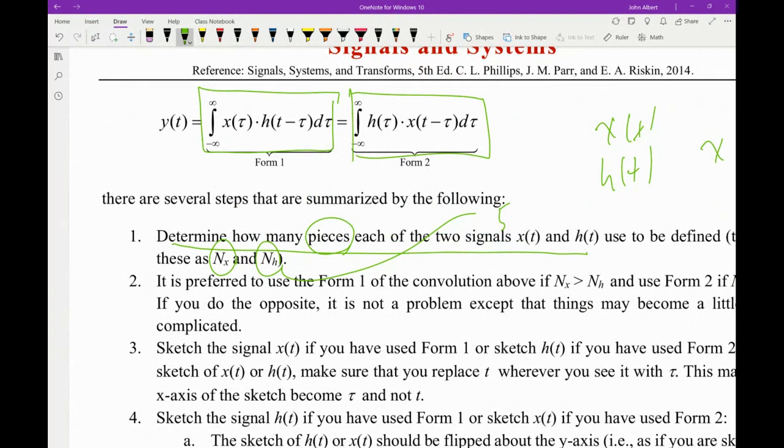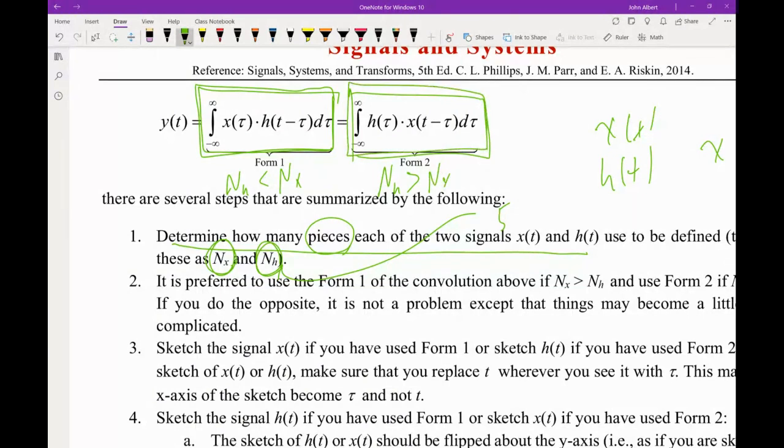Okay? Let me write it this way: if nh is smaller than nx, use this form, and you'll understand why in a few minutes. If nh is greater than nx, use this form.